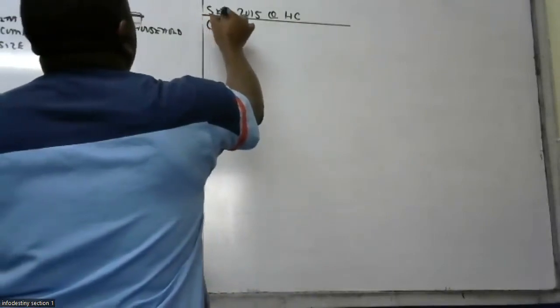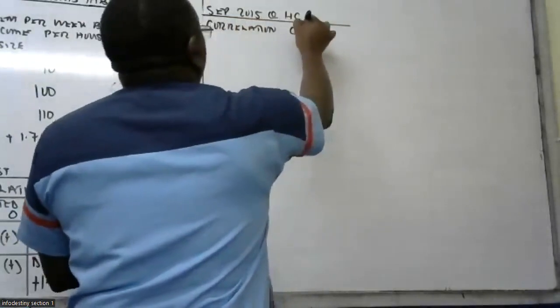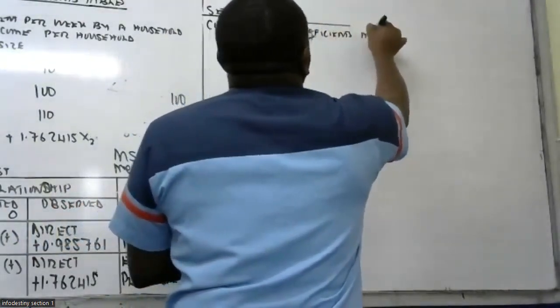So there is what we call the correlation coefficients matrix.